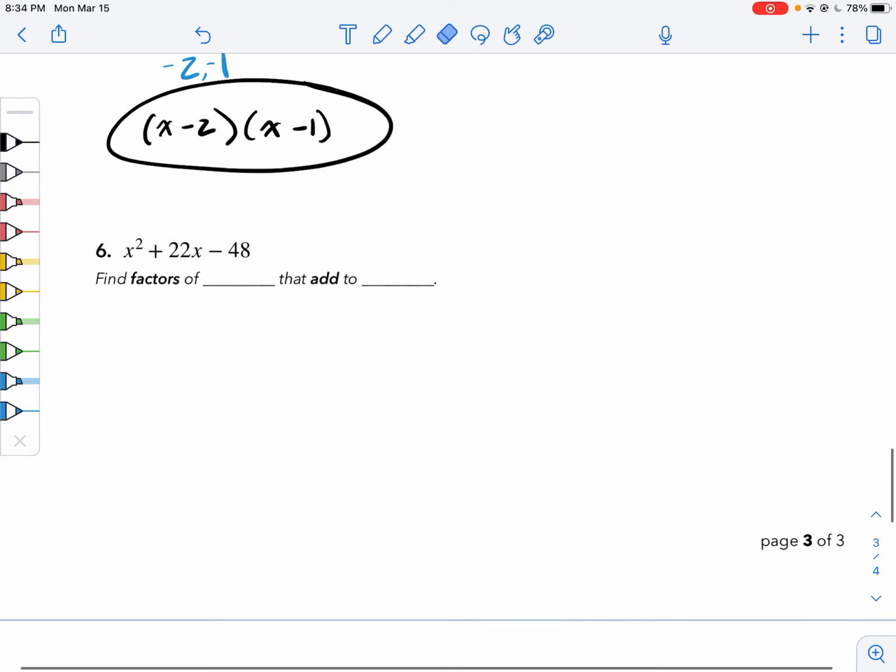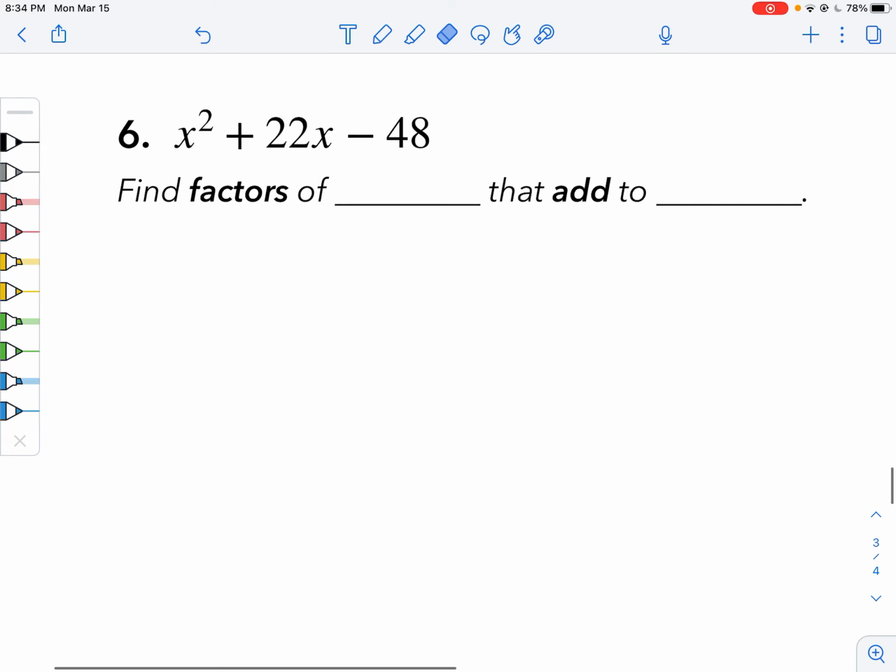I like the box. Whoa, check this out. We want to find factors of our last number, factors of -48, that add to 22. This is going to get a lot more complicated because factors of 48, you guys, there's a lot of them.